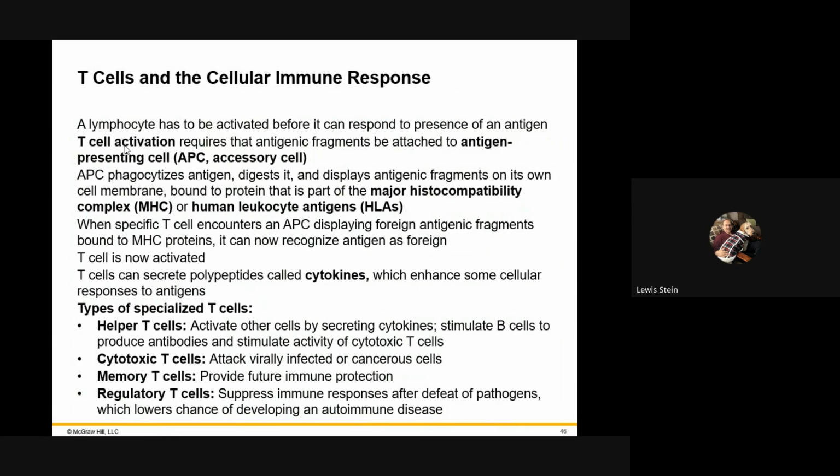These are cells that latch on to a potential invader. They gobble it up, and what they do, which is why they're called presenting cells, is present the little part that's foreign. So they're like the little tip of this marker, that foreign entity.